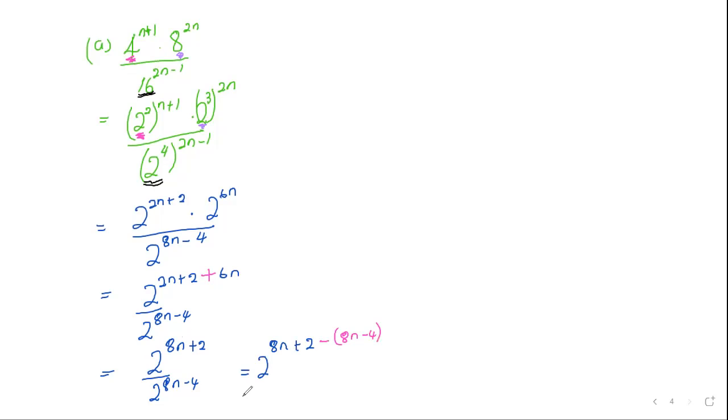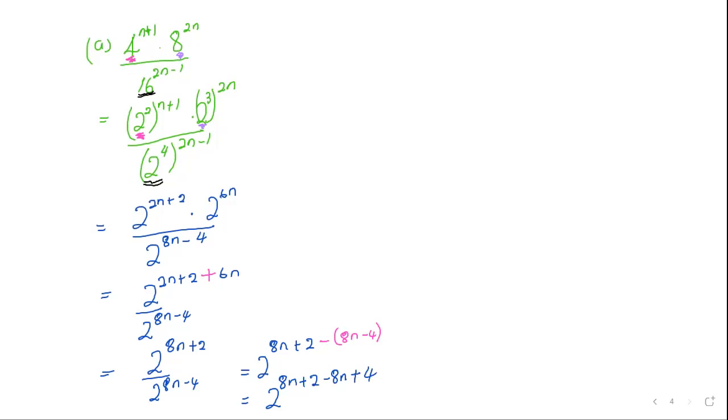This gives us 2 to the 8n plus 2. Negative times positive is negative. Negative times negative is positive.